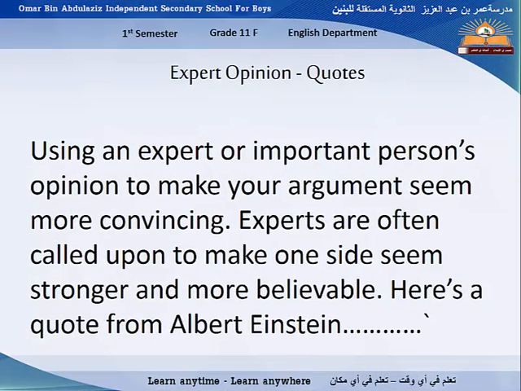Using an expert or important person's opinion makes your argument seem more convincing. Experts are often called upon to make one side seem stronger and more believable.